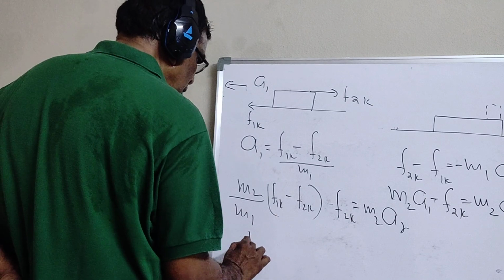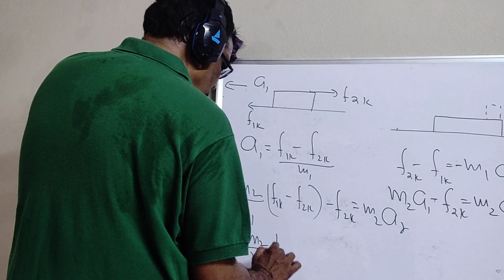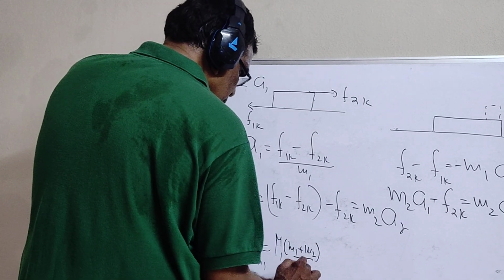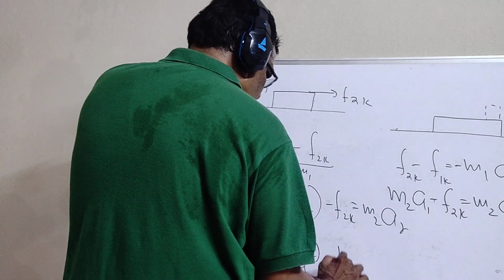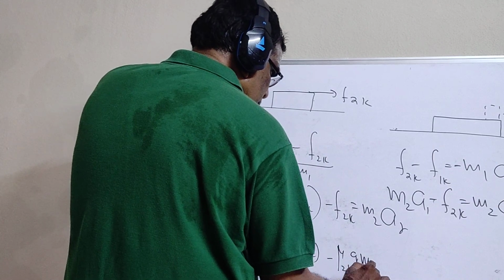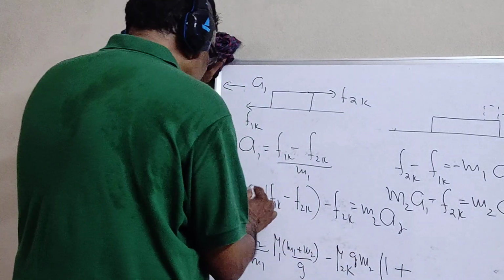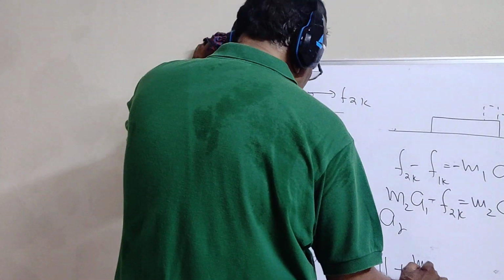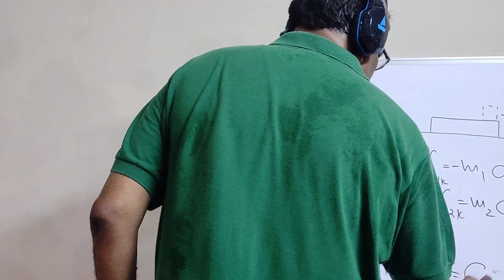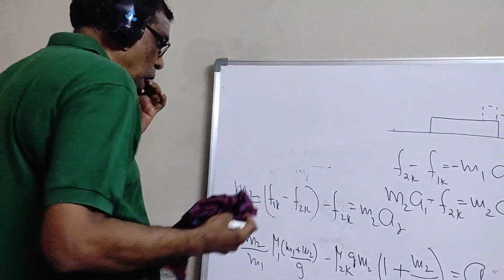Therefore, M2 by M1, F1K. What is F1K? Minus F2K means mu2 M2G into 1 plus this is M2 by M1. All this is AR. Okay?